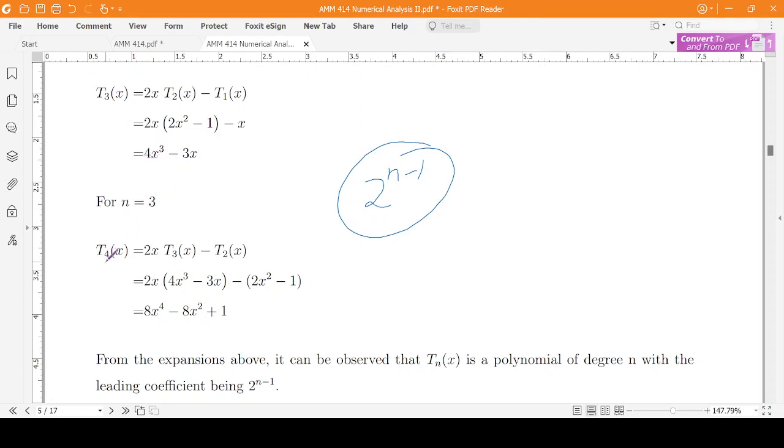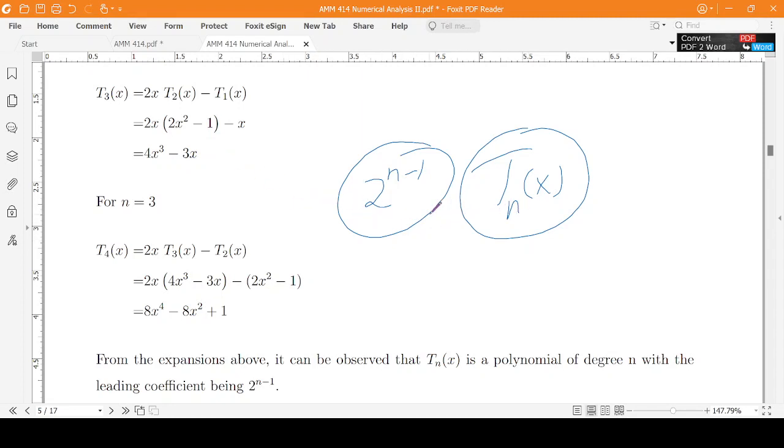When n is 4, we have 2 raised to power 3, which is 8, and so on. It is also important to note that whenever we are expanding Tn of x, whenever n is odd, then we obtain a series with odd powers of x, like T3 is 4x cubed minus 3x.